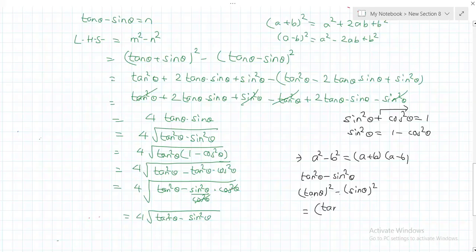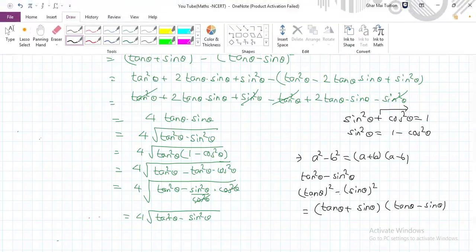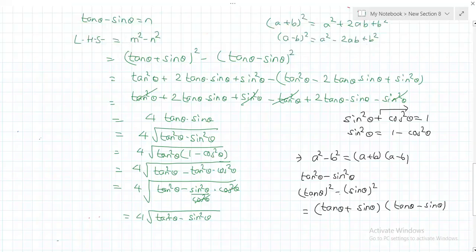Here a means tanθ and b means sinθ. So we write here (tanθ + sinθ) and (tanθ − sinθ).